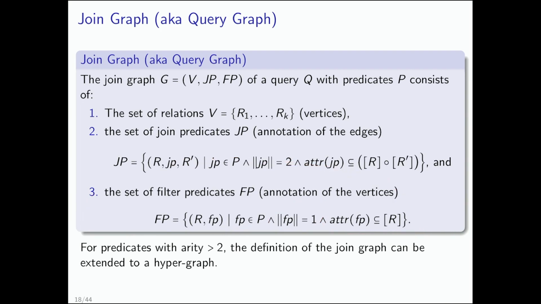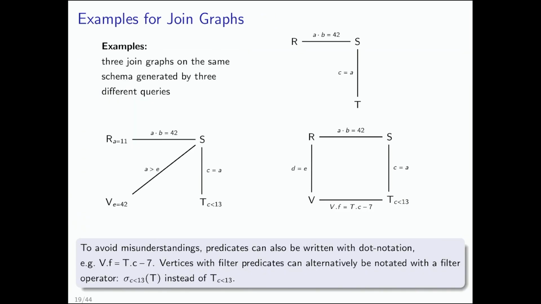There are extensions to cover grouping, having and so on, but that goes beyond this lecture. So for the moment, we have join graphs, aka query graphs, that represent the filter conditions, of arity 1, and the join conditions. That's all this represents.